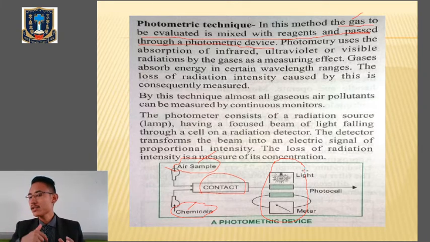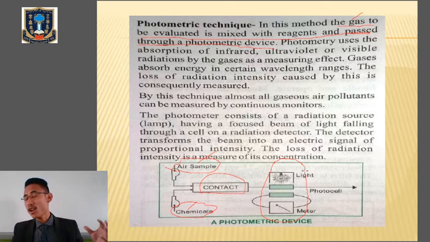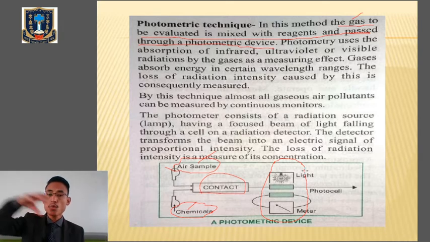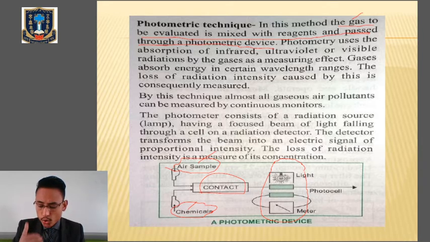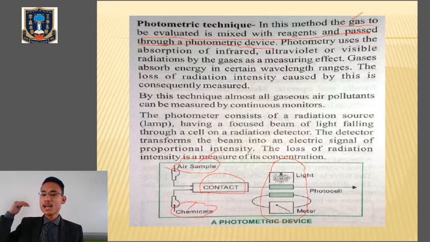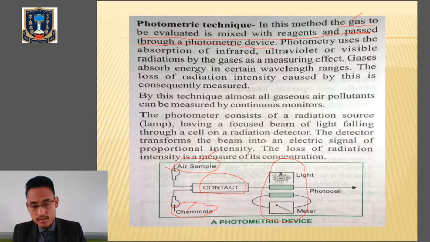Once they pass through the photometric devices, through the photocells, they will start to lose the radiations, they will start to lose the energy, and this loss of radiation intensity can be measured continuously, and it can be used to analyze the pollutants present in the air.